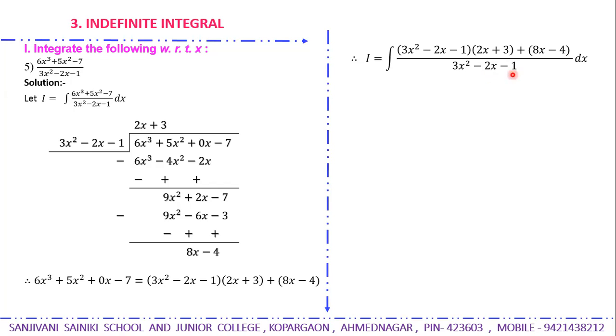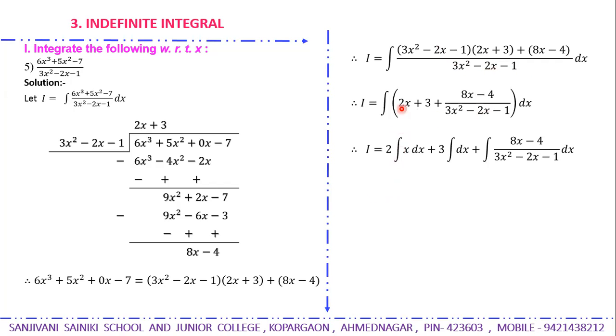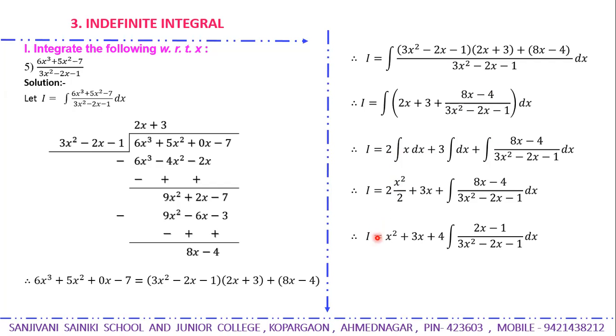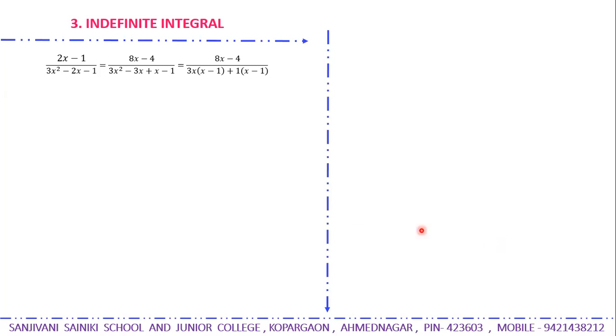So now divide this by the denominator separately. Then integration of 2x plus integration of 3 plus integration of this. Okay. So after simplifying, call this integral to be I1. Then we will solve this integral by our usual method.